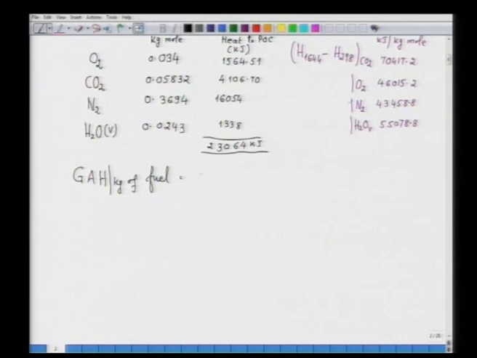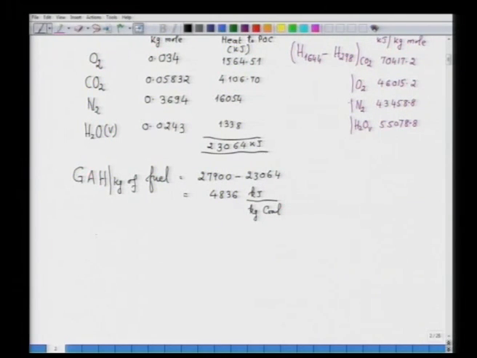That will be equal to 27,900, its net calorific value, minus 23,064. So, that will be equal to 4836 kilojoule per kg coal.